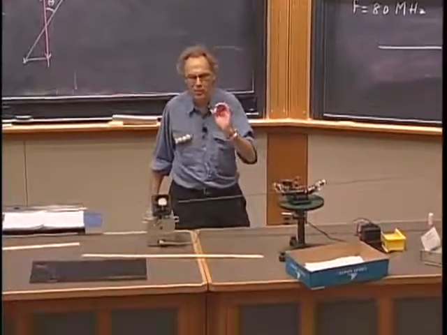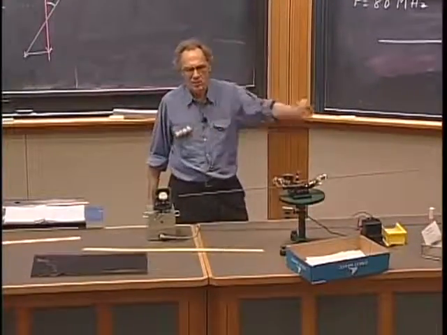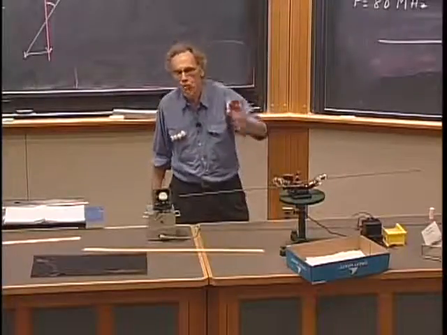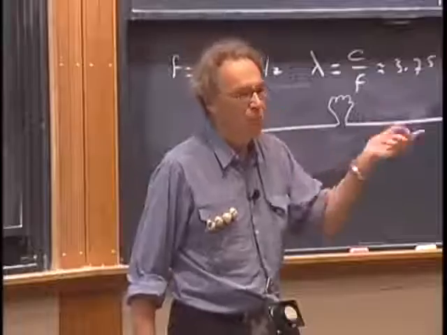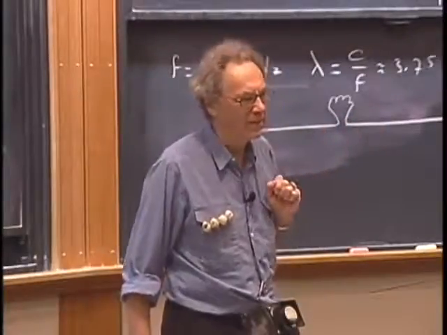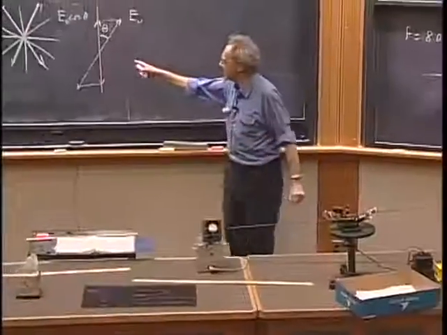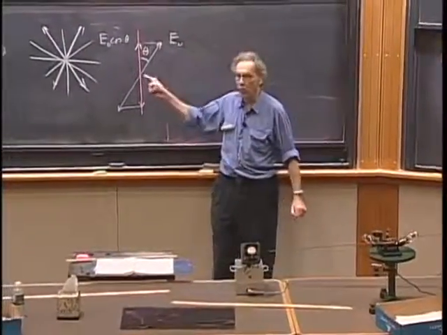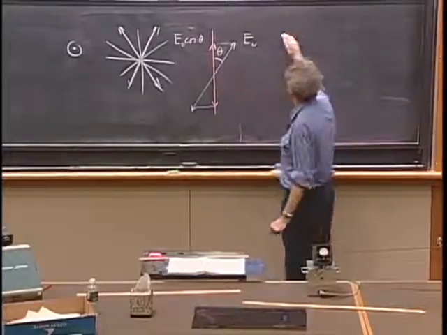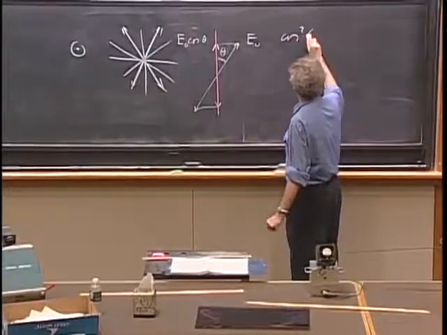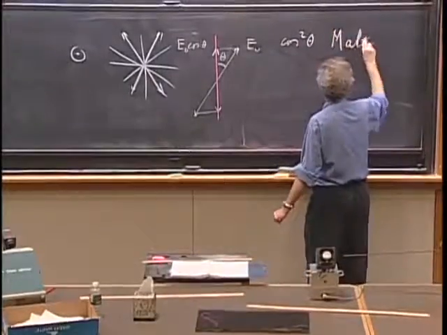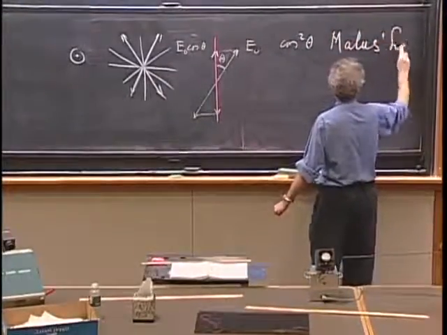You remember from 802, the Poynting vector, which is responsible for energy transport, which is proportional to E cross B. But B is proportional to E. So E cross B is always proportional to E squared. And so therefore the light intensity that emerges from this plate is proportional to cosine square theta. And that is the reduction of the light intensity, and that is referred to as Malus's law.